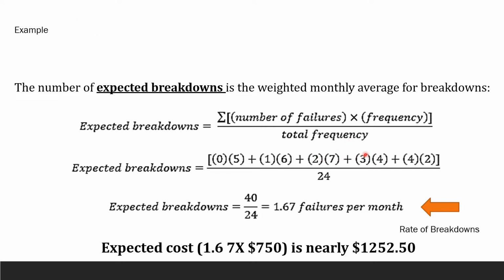Some students have an issue understanding the frequency because it comes in months, right? And we're talking about time right here. There's 5 months, 6 months later, 7 months later, 2 months later, and you have that number of failures. So don't stress about it. If you have an issue understanding frequency, you can just go with the weighted monthly average for breakdowns.